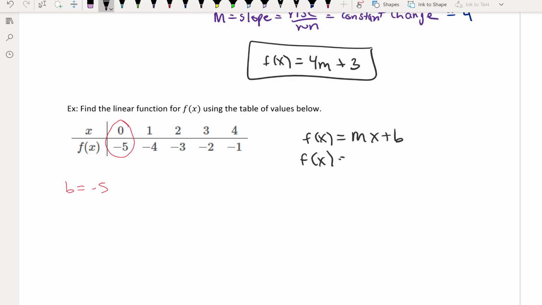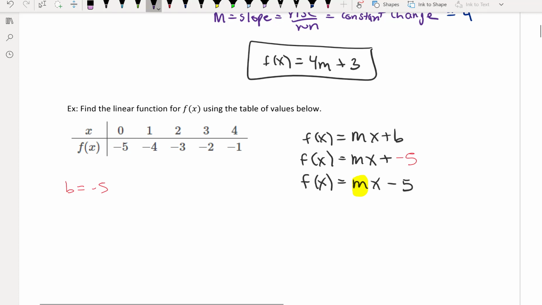So far we have mx plus, and we have our b value as -5. So really you can rewrite this as f of x is equal to mx minus 5. So the only thing that we're missing here is going to be the slope. So let's see how these values change. From -5 to -4, you add 1.